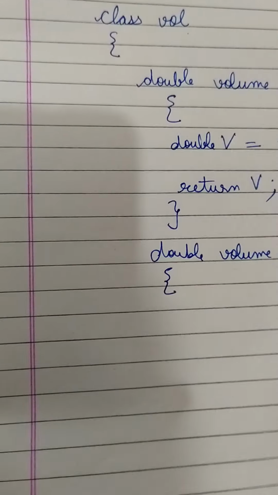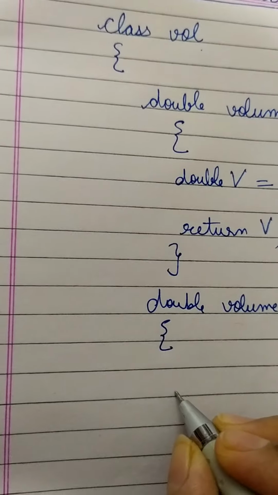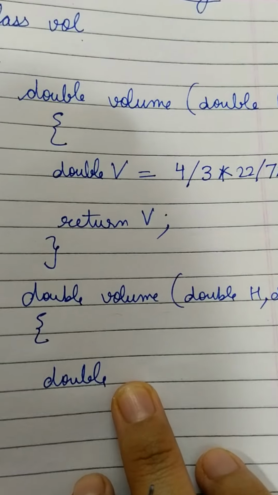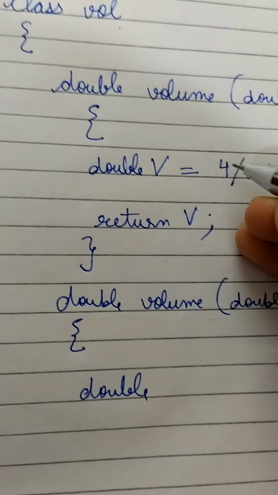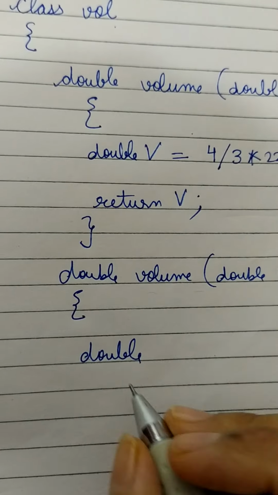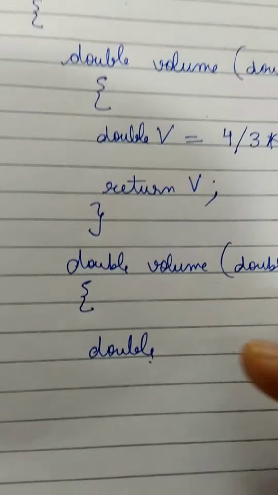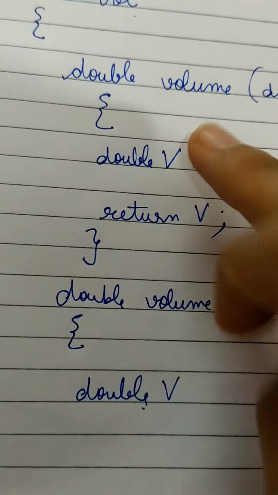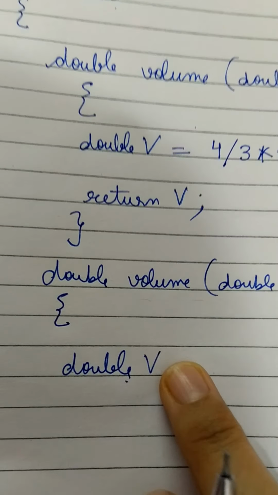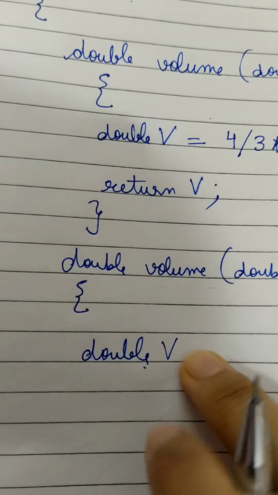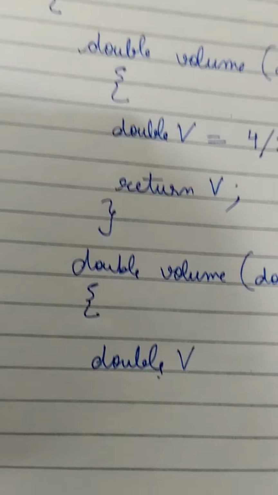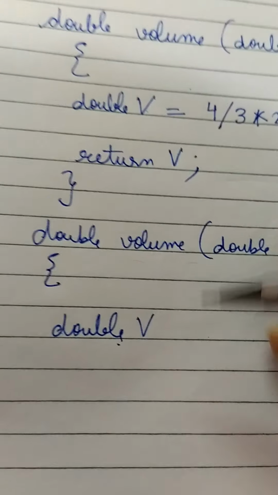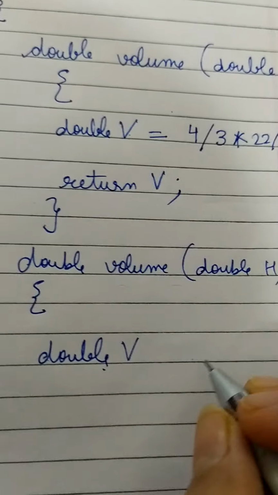The formula is also given. So we will calculate with a double. You can take a different variable name here, it hardly matters because all functions are different. We are declaring inside the method, so its scope will be inside the method only. If we take the same V, no problem. If you take V1 here, V2 here, V3 in the different one, no problem will be there. You can take the same variable name or a different variable name, right?